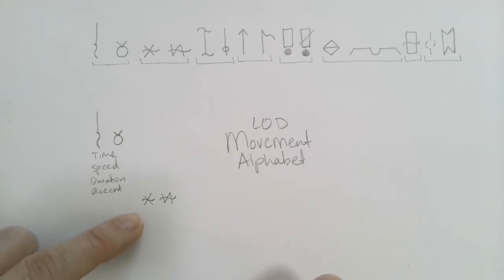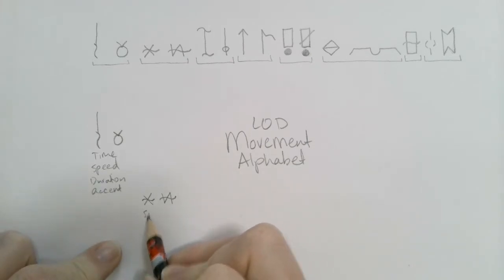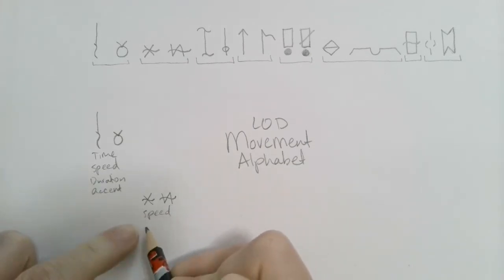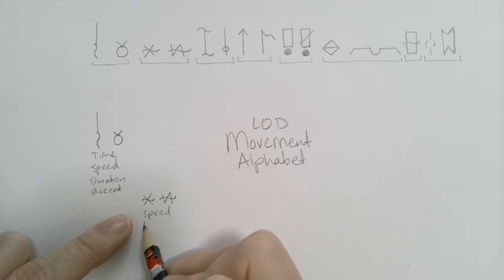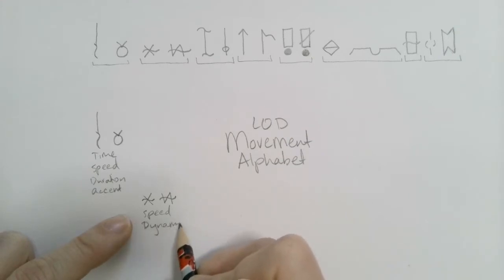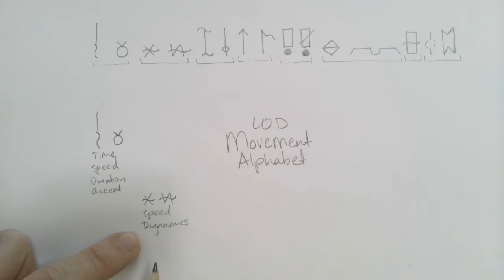Again, I like to play with speed. I also like to play with qualities, with dynamics. I might say smooth and hard, or free and bound, or sharp and soft. Those can be really fun.